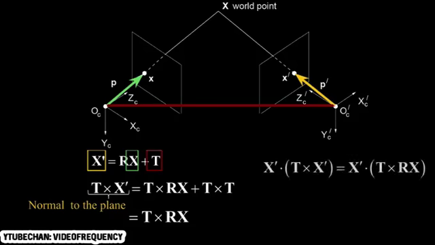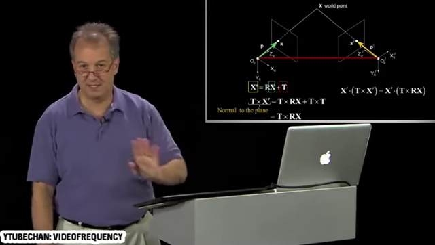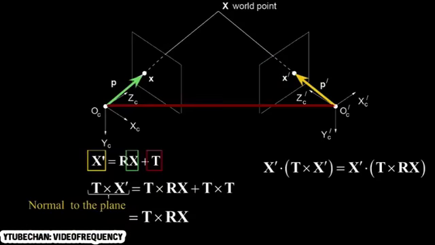Got it? Now let's take both sides of that equation and dot it with x prime. So we get x prime dot t cross x prime equals x prime dot t cross Rx. I sure hope you're reading this, because listening to me sounds ridiculous. Let's take a look at the left-hand side.